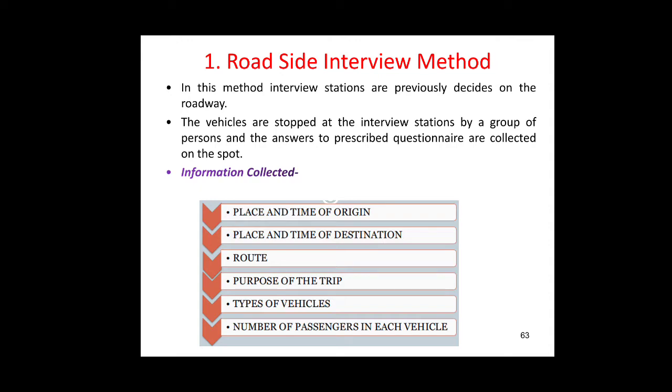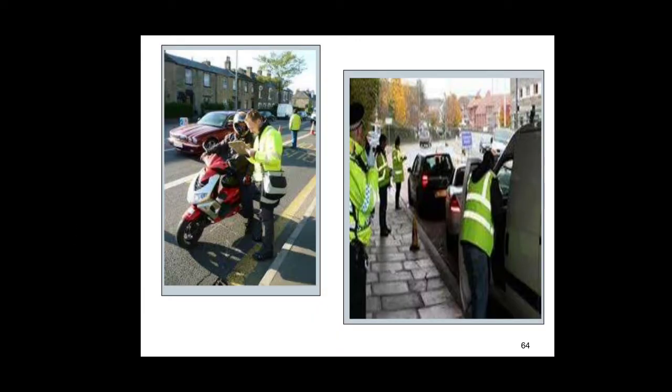Fifth is the type of vehicle that they are using. And lastly, the number of passengers in each vehicle. As you can see from the figure, a group of people is asking this questionnaire to the people who are traveling through the given stretch of road at the observation points.